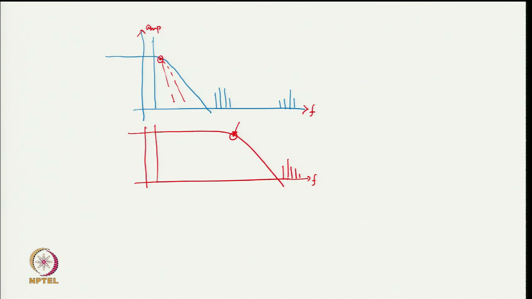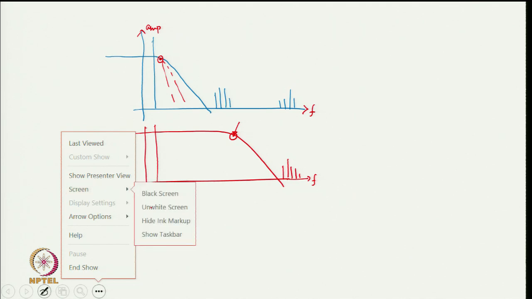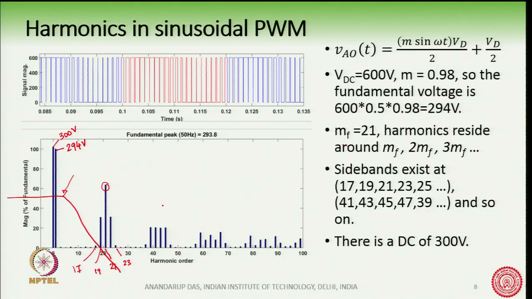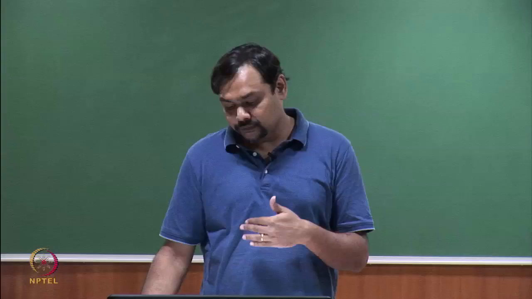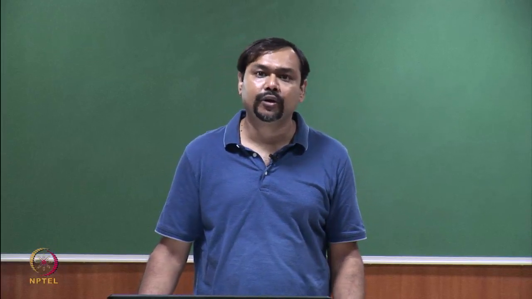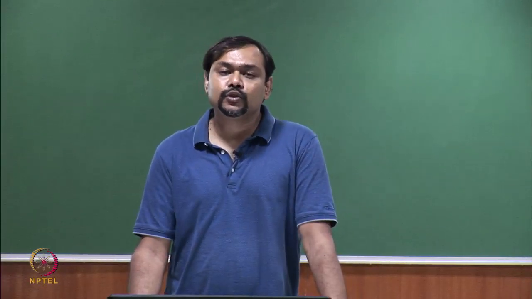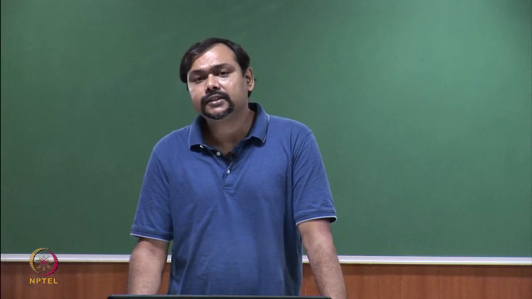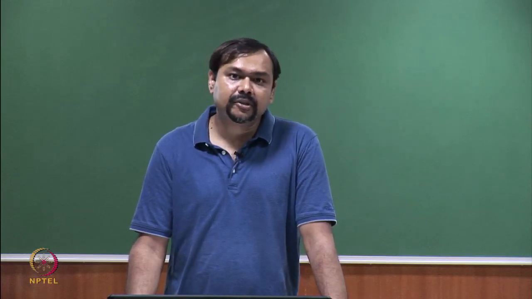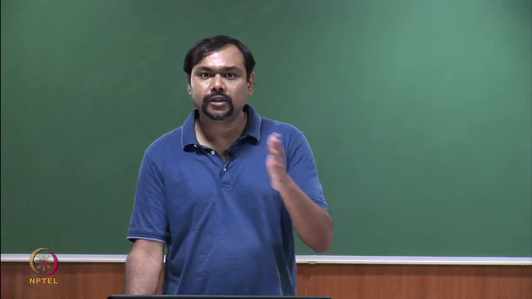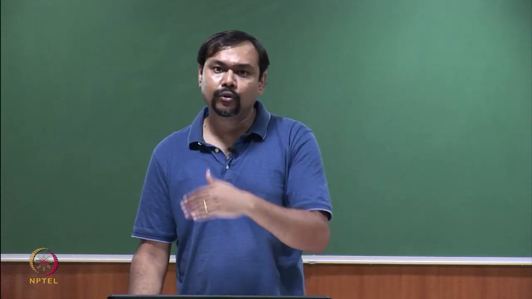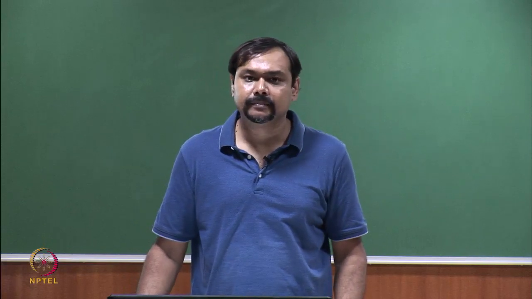Anyway, what I want to say here is that the position of the harmonics is important, because the filters will take care of all the harmonics. So, from the harmonic point of view and from the filter point of view, the value of MF should be very large. The larger the value of MF, the smaller the size of the filter, because you are pushing the harmonics more and more right in the harmonic spectrum.